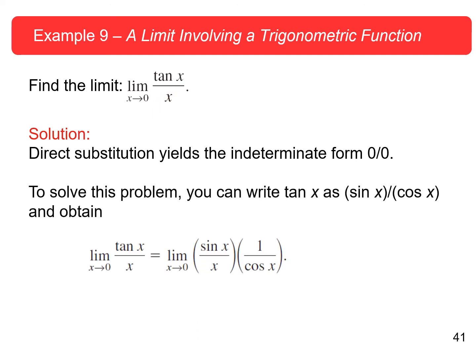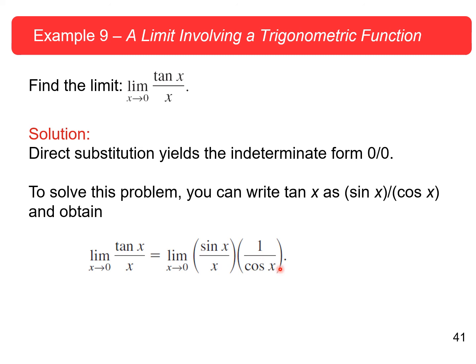Then what you will do next is rewrite tangent. Tangent is just equal to sine over cosine. So we will rewrite tangent x as sine over cosine, and this may be rewritten as sine x over x times 1 over cosine x.